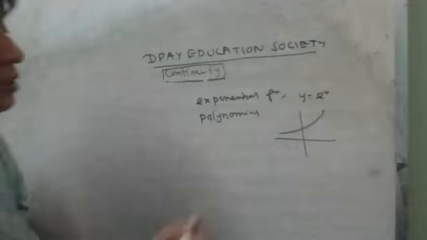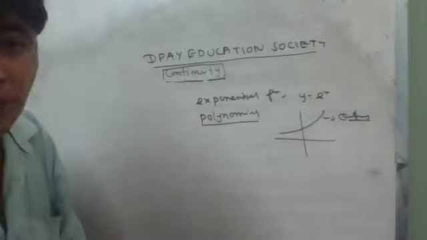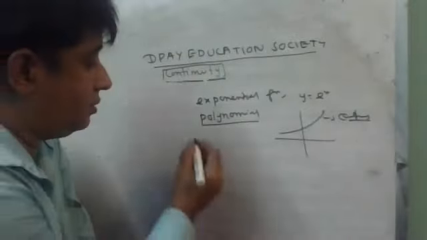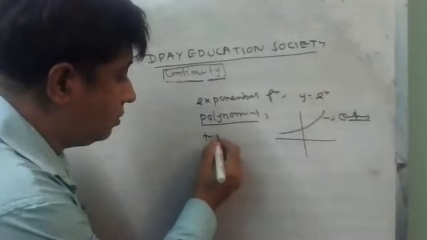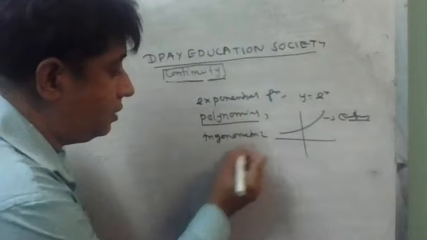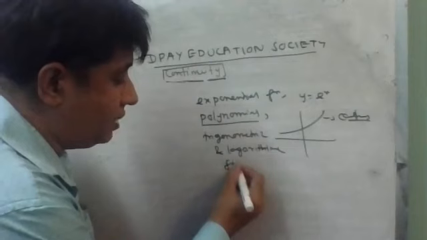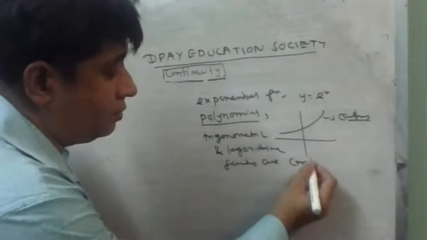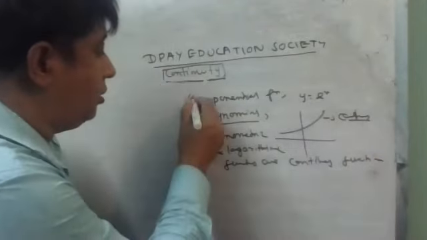Continuous. Polynomial, quadratic polynomial means parabolic curve, continuous. Trigonometric and logarithmic functions are examples of continuous functions, always continuous, smooth.